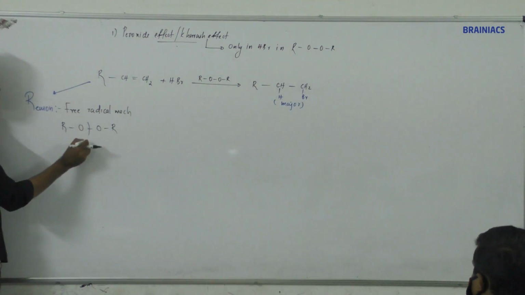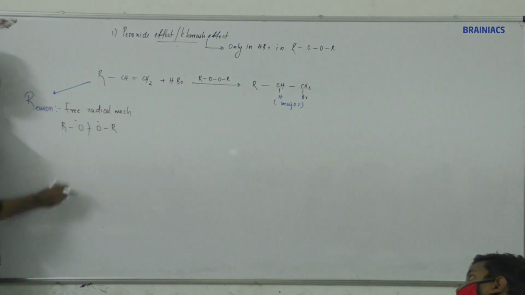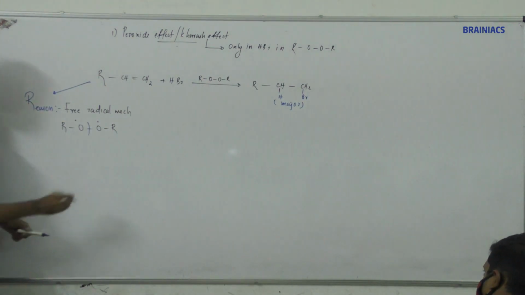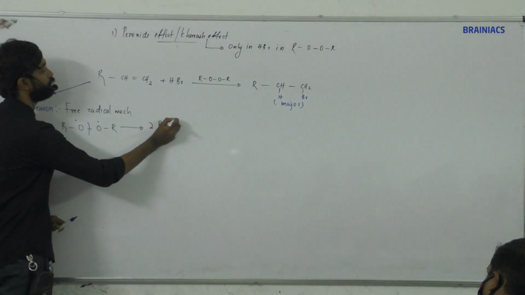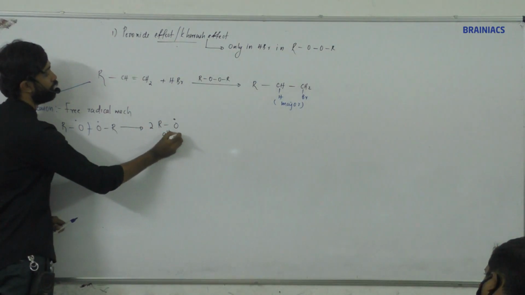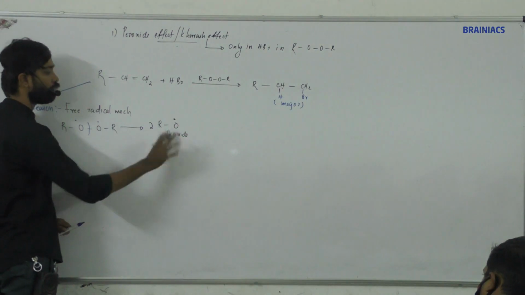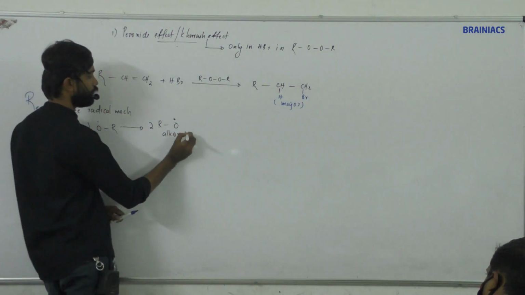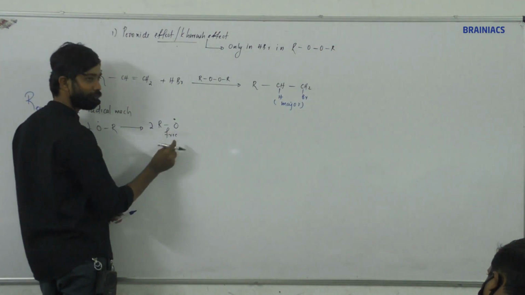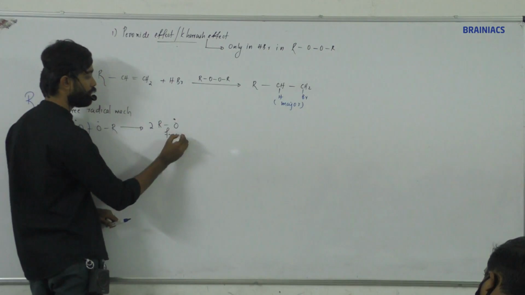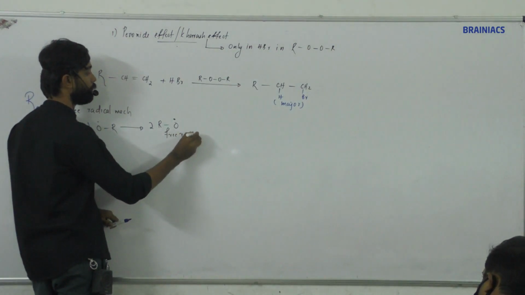Initially the peroxide undergoes homolysis to form an alkoxide free radical. R may be anything, it may be a hydroxide free radical.